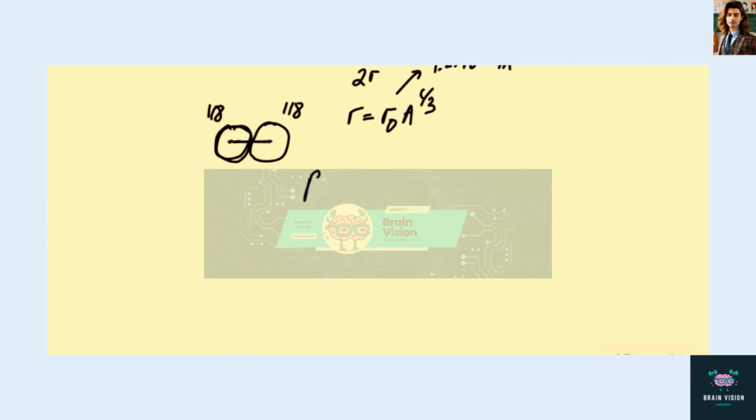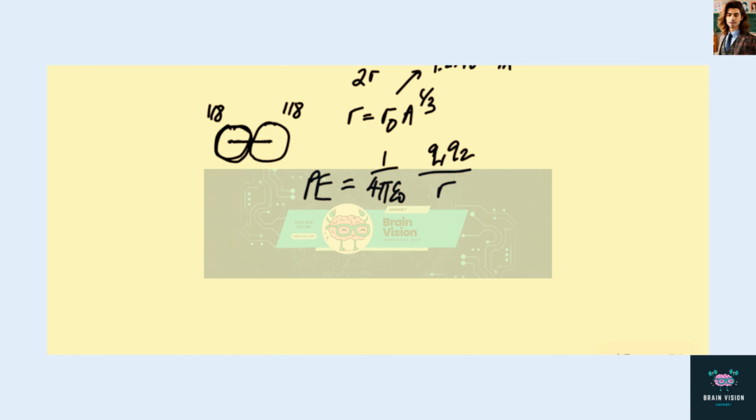Then we can find the potential energy, which is given as 1/4 pi epsilon naught Q1 Q2 over R, and the Q in this case will be equal to half the number of protons in our uranium.